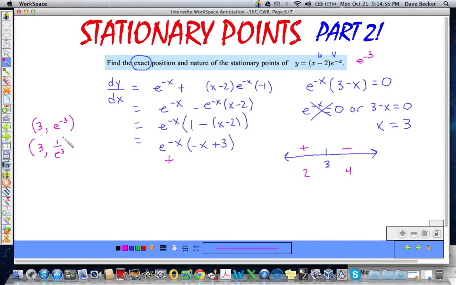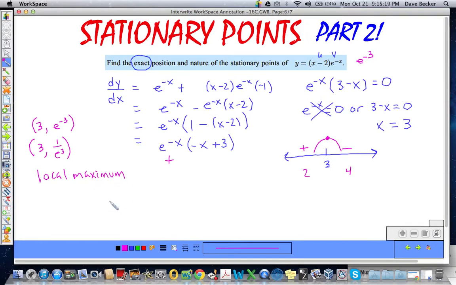So what's happening at this point? Well, our function is increasing and then it is decreasing, which means that we have a local maximum. And that's all you need to do to answer this question.